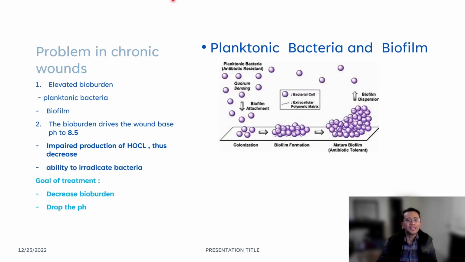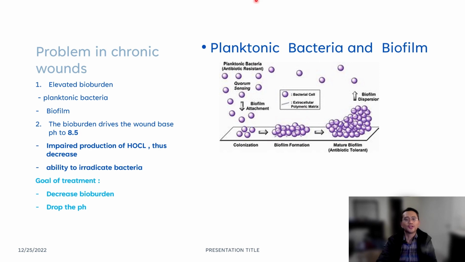What is really the problem in chronic wounds? Chronic wounds have a high level of bioburden. So we have the planktonic bacteria, and we also have the bacteria which are attached to the surface in biofilm. The bioburden drives the wound base to a high pH of 8.5.